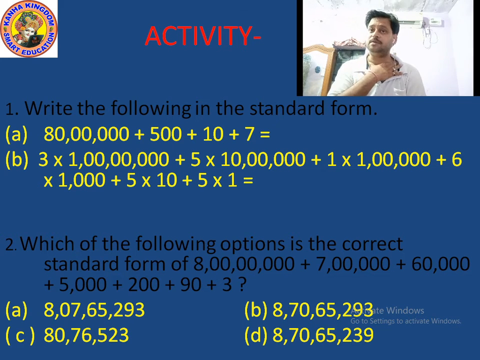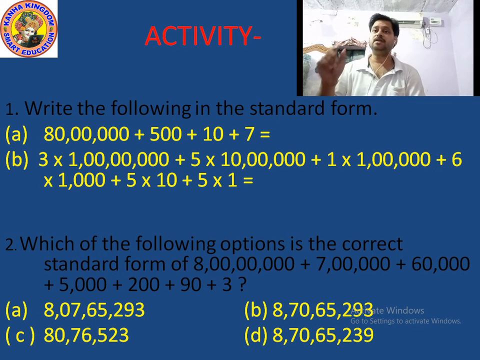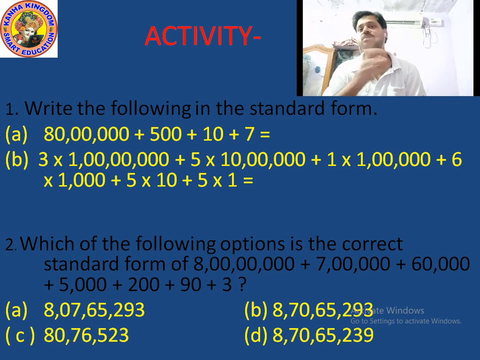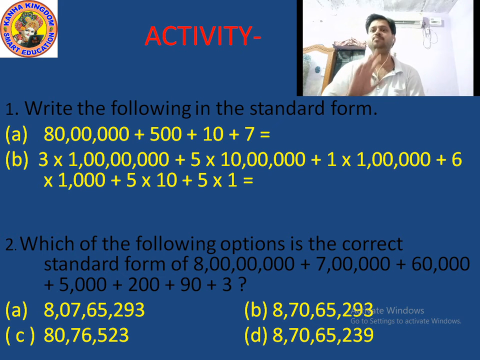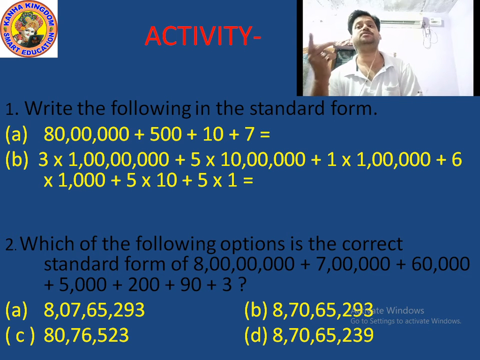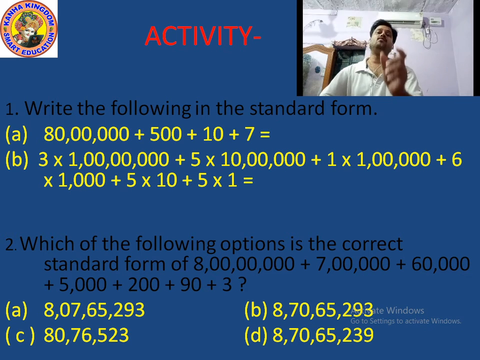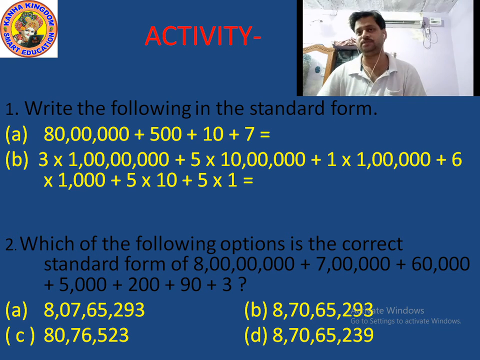The rest are A, B and D. The right hand side number is 3 because there is 3 in the ones place. Now see all the numbers. A part, yes, right hand side number is 3, so this is applicable. B part, yes, again 3, this is also applicable. D part 9, this is not applicable. So now you have only two options left, A and B.